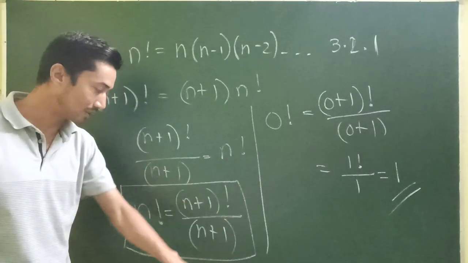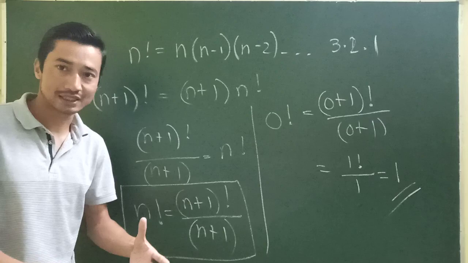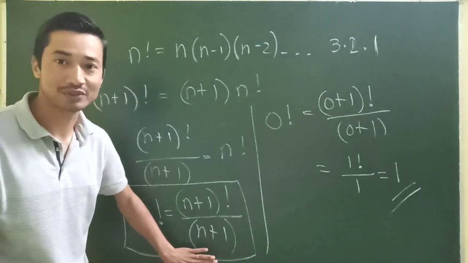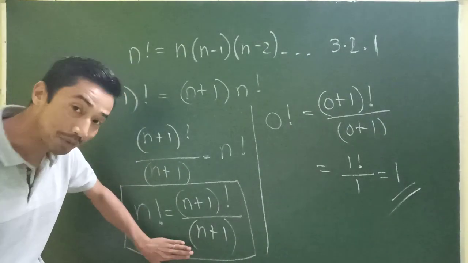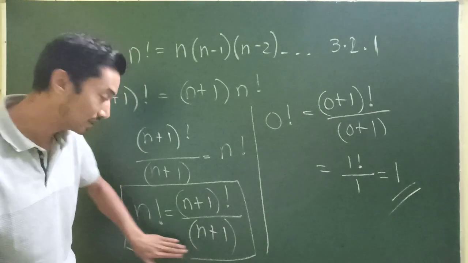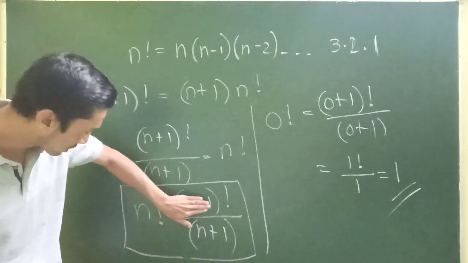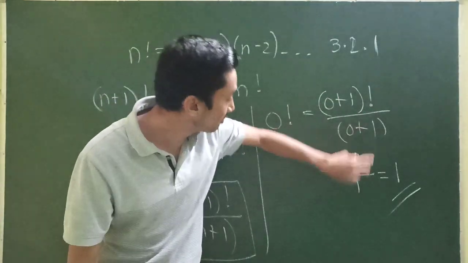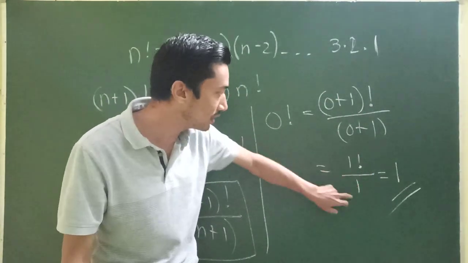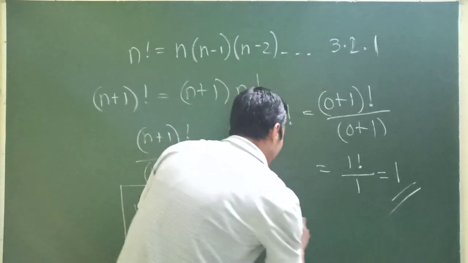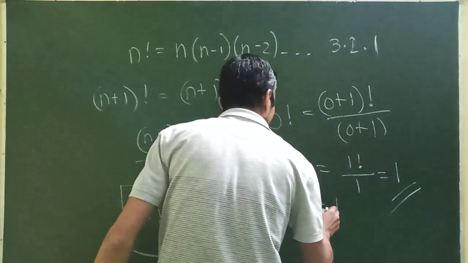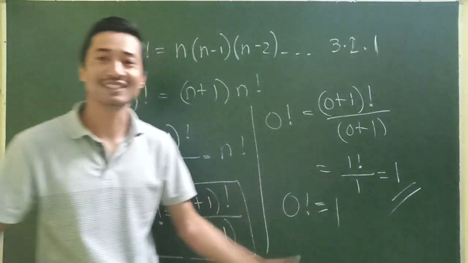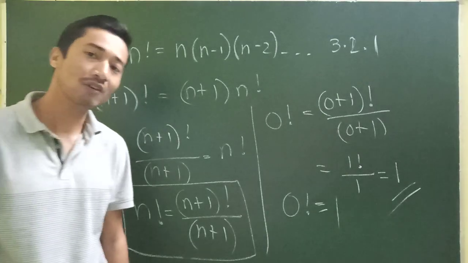Now using this formula, what will 0 factorial be? 0 factorial will be 0 plus 1 factorial by 0 plus 1, so 1 factorial divided by 1. What is 1 factorial? 1. 1 divided by 1 is 1, and that's the reason why 0 factorial is 1. Ta-da! That's your answer, that's your proof.